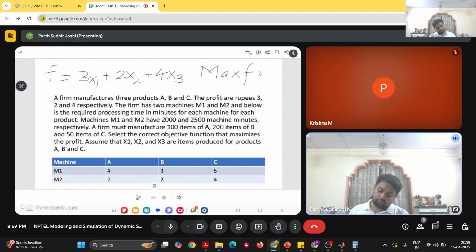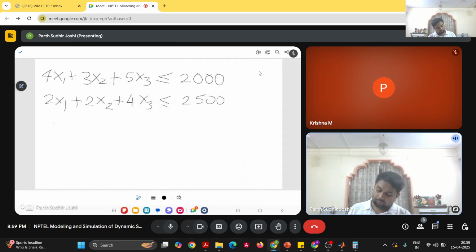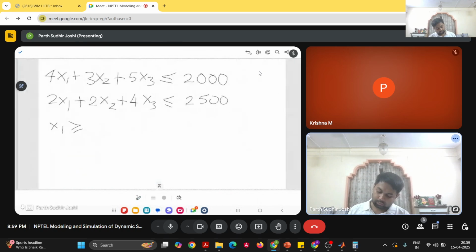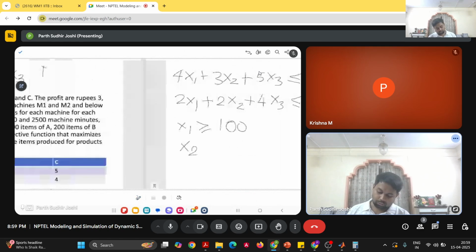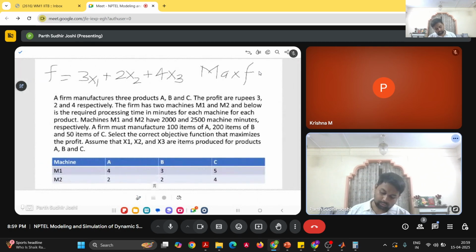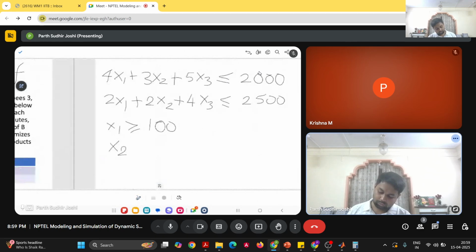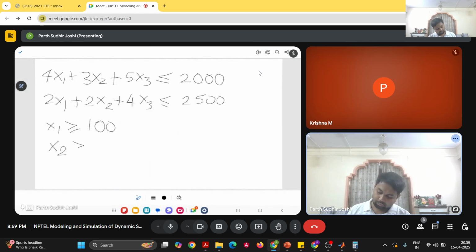and we have also been given that we must manufacture 100 items of A, 200 items of B, and 50 items of C. So we can write it as x1 is greater than or equal to 100, x2 is greater than or equal to 200, x3 is greater than or equal to 50.